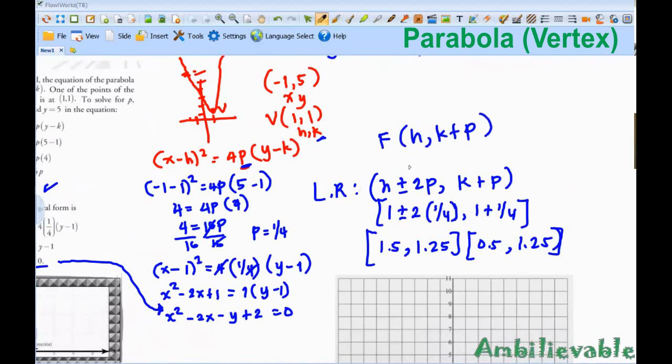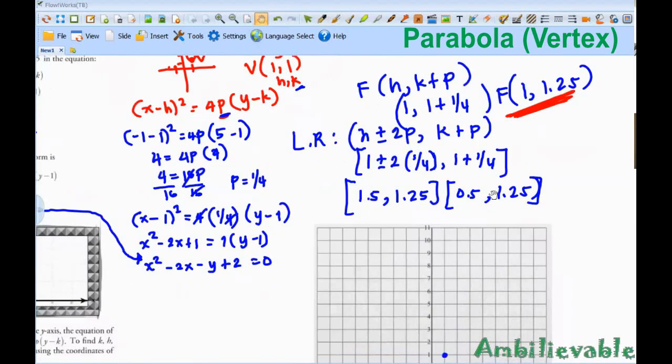The h is 1 and the k is 1 also. So we have plus 1/4. So the focus is at 1 and 1.25. That's our focus.